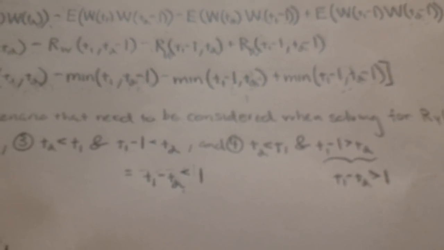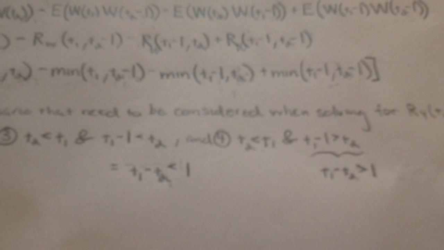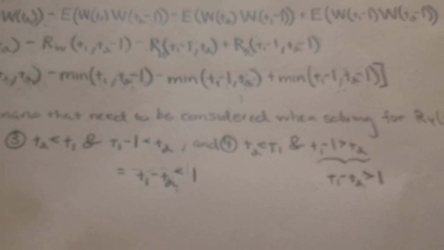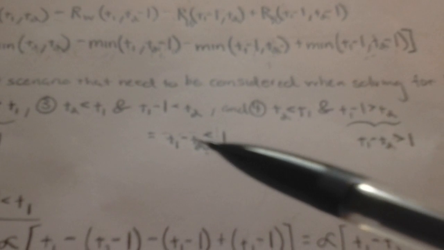If T1 is the greater value, there's a scenario where T1 minus 1 is less than T2, which equals the difference being less than 1, and a scenario where T1 minus 1 is greater than T2, which equals the difference of the 2 time points being greater than 1.